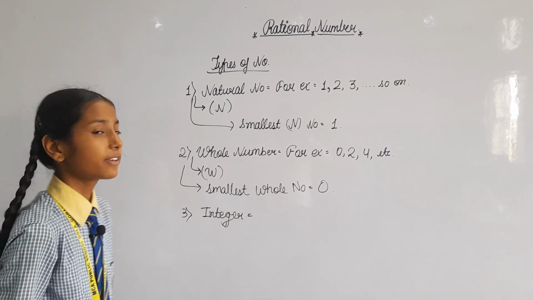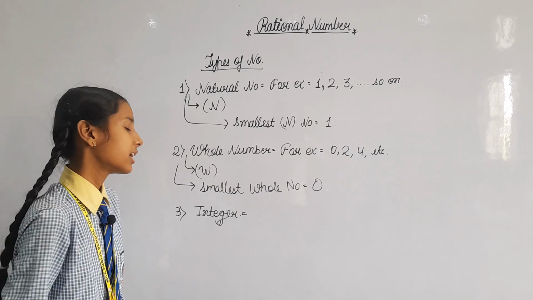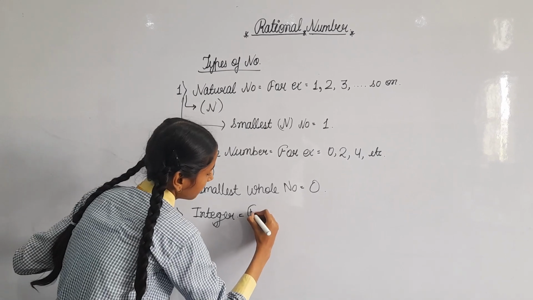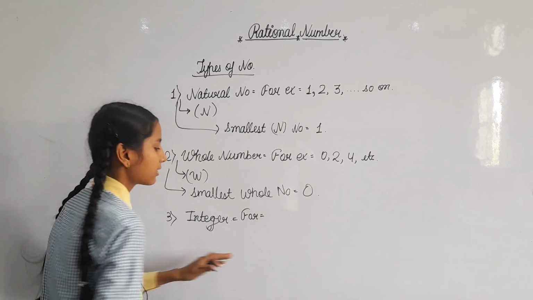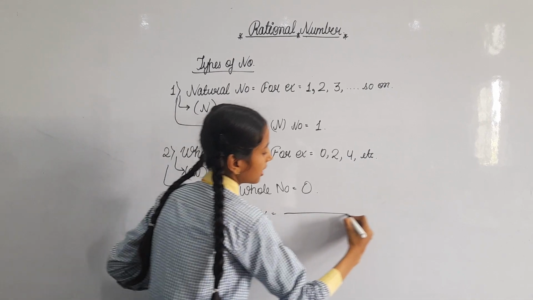The definition of integer is the combination of positive and negative numbers together with 0 is called integer. For example, the example of integer is shown in the number line.